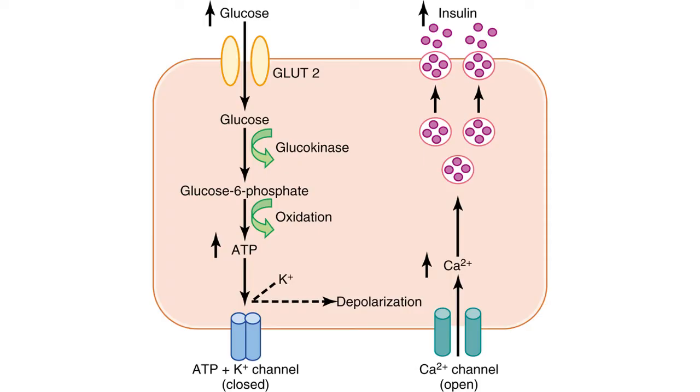So that is what is shown here in this slide. First, let's look at this image in the left portion. The stimulus is an increase in blood glucose, which happens when the liver spills over the glucose that is in the portal blood.